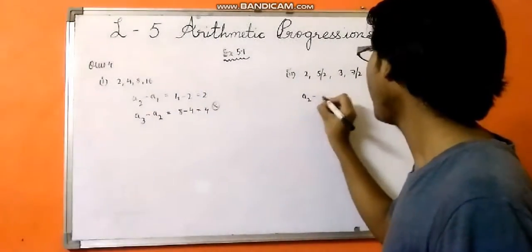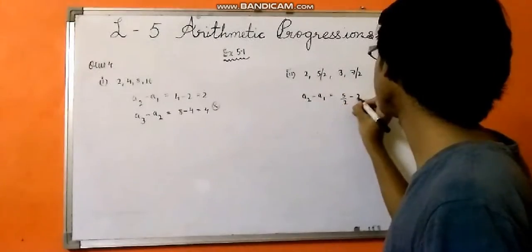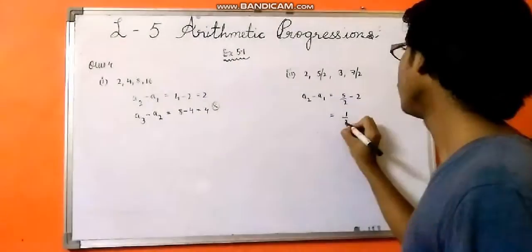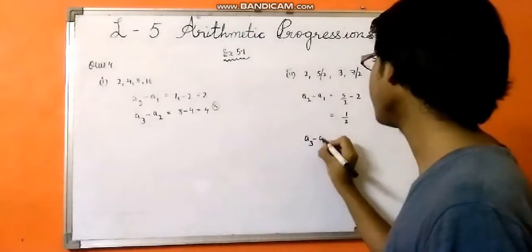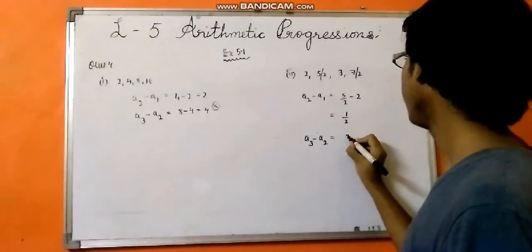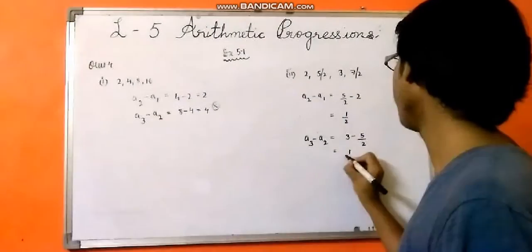A2 minus A1 would be 5 by 2 minus 2, which is equal to 1 by 2. Now A3 minus A2 would be equal to 3 minus 5 by 2, which is equal to 1 by 2.